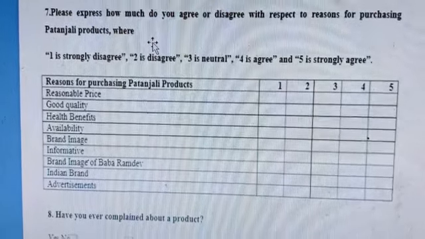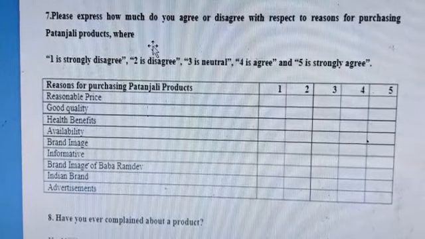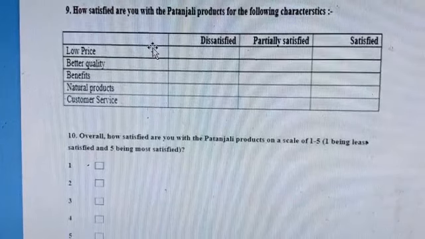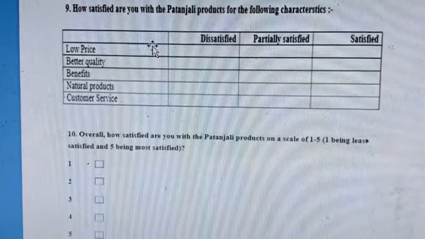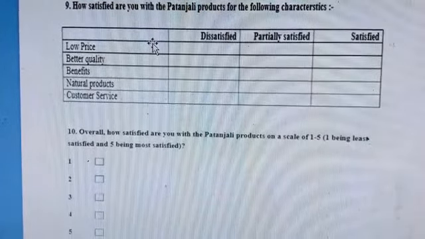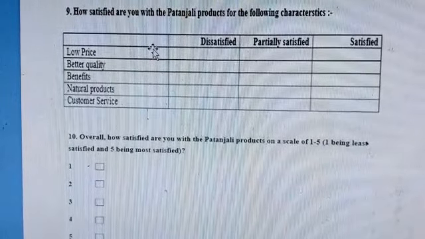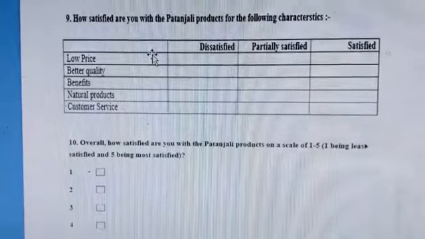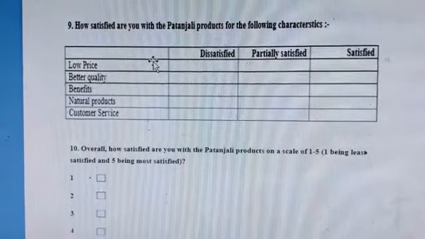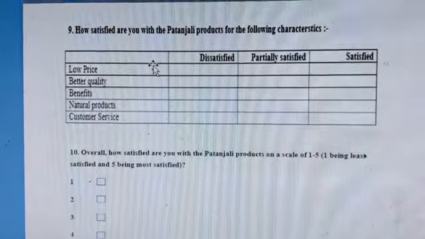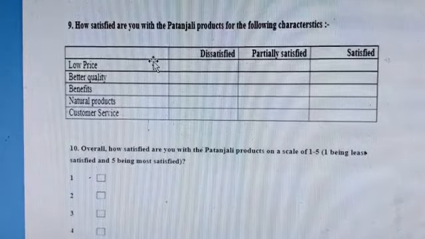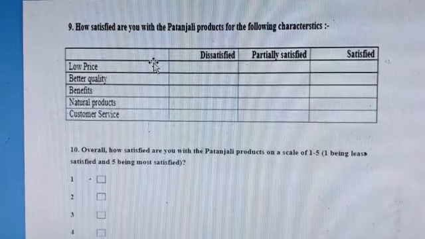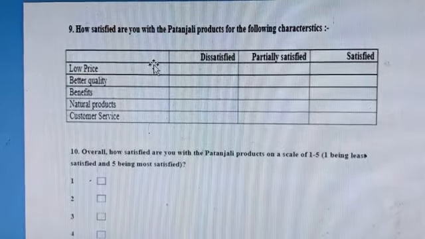The respondent has to give an answer regarding agreement and disagreement, and how satisfied you are using the Patanjali products. This is one sample regarding consumer satisfaction with Patanjali products.